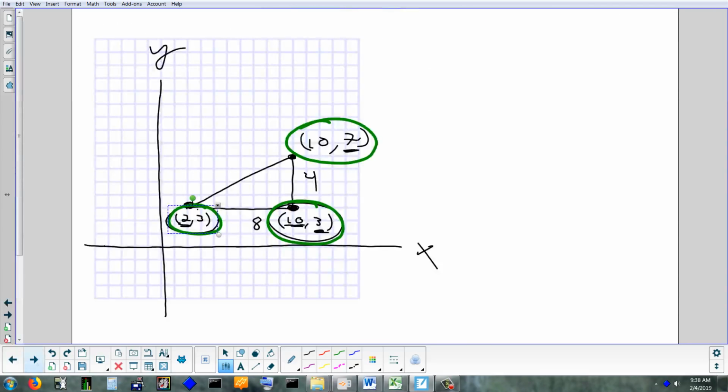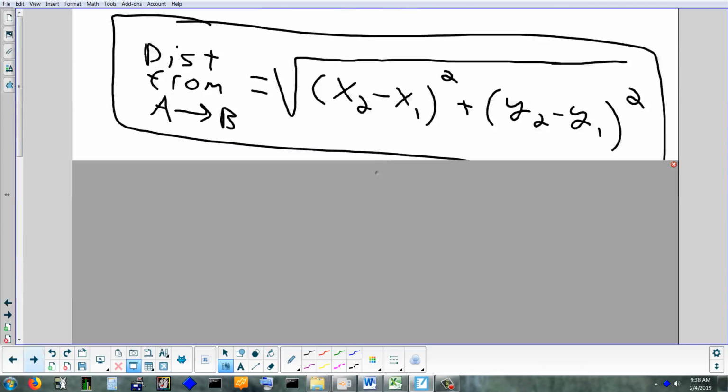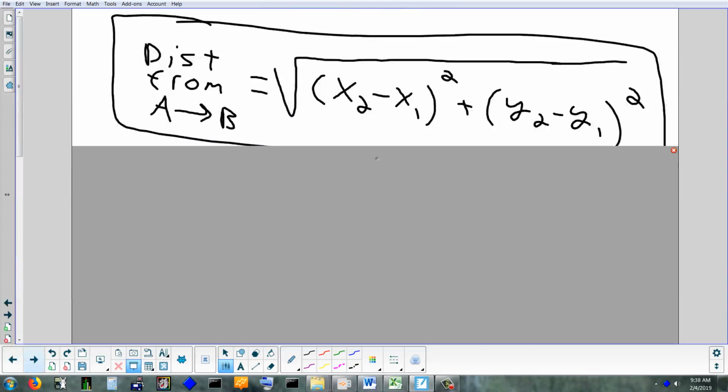So let me write it out. I've got my square root, and instead of a and b, I did x2 minus x1, that's the bottom, y2 minus y1, that's the height. And there's no way to simplify that without putting numbers in it. You can't cancel this square root and this square because of the plus sign.